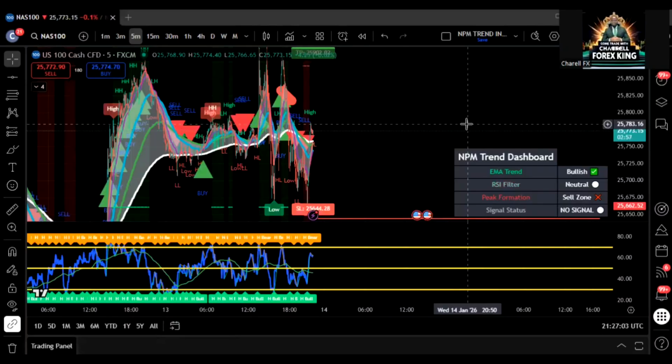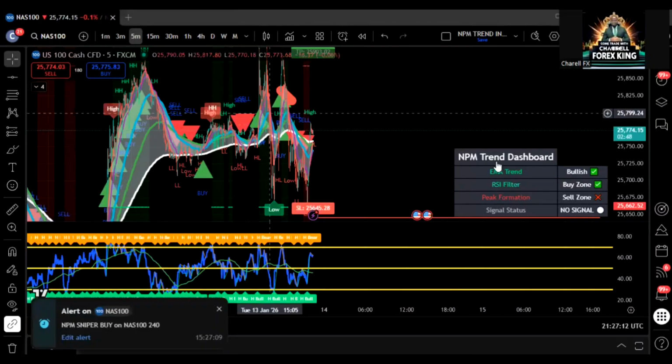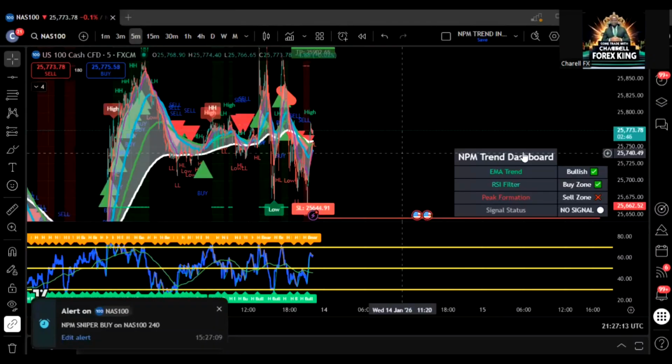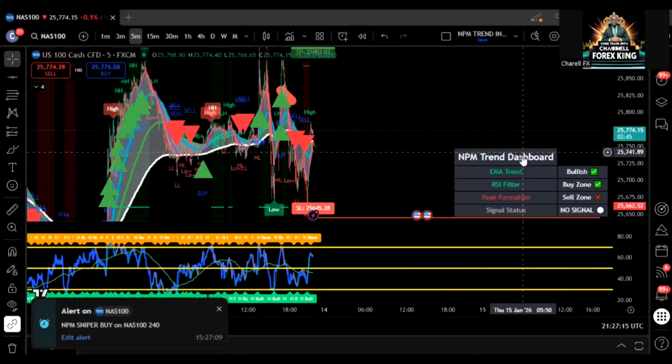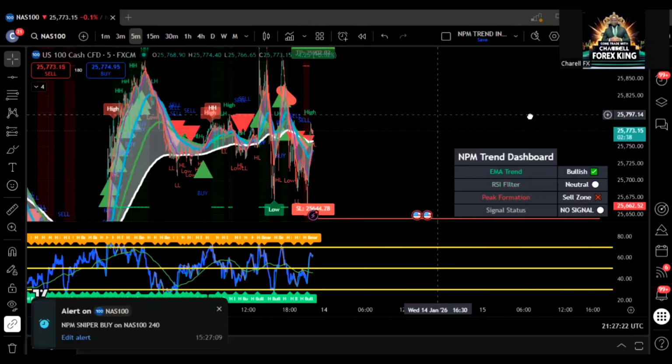Then you will need trading tools to help you trade, which, as you can see, NPM Trend Dashboard. Amazing. NPM Trend Dashboard. I would suggest you use NPM Trend Dashboard.